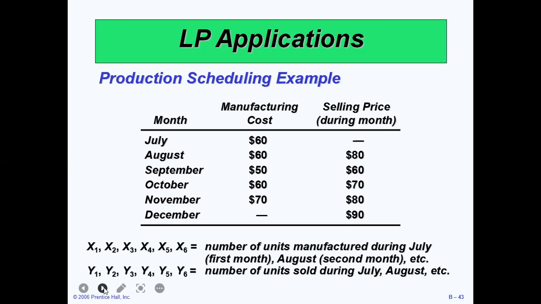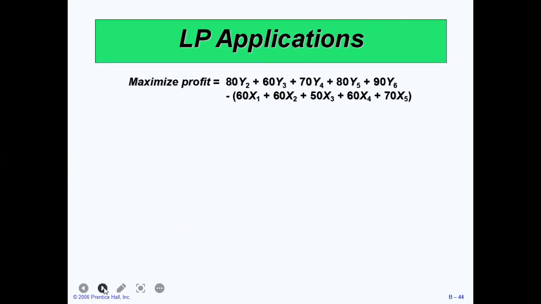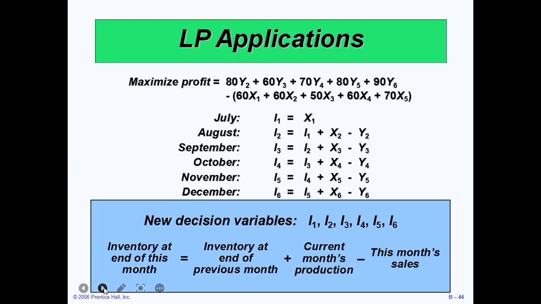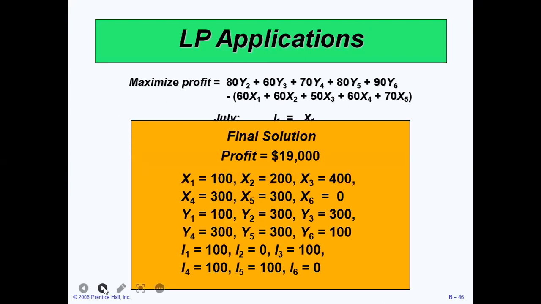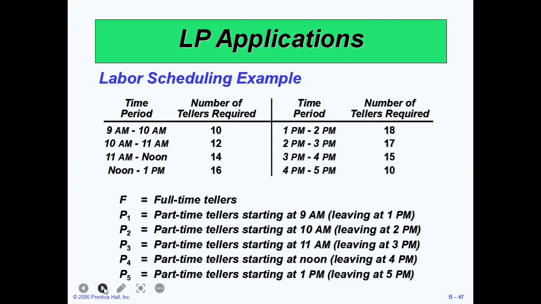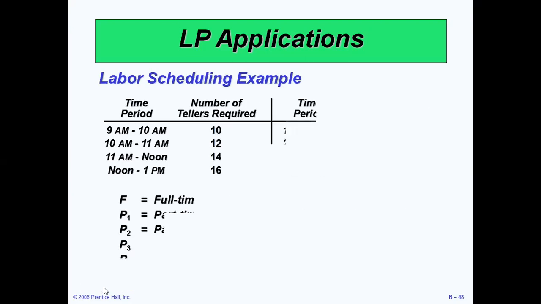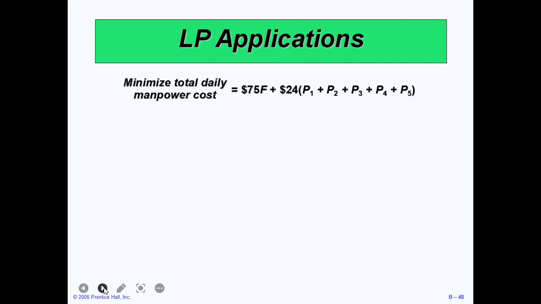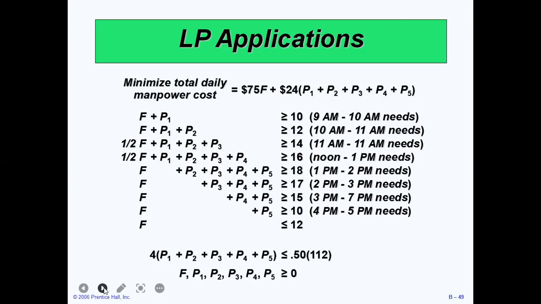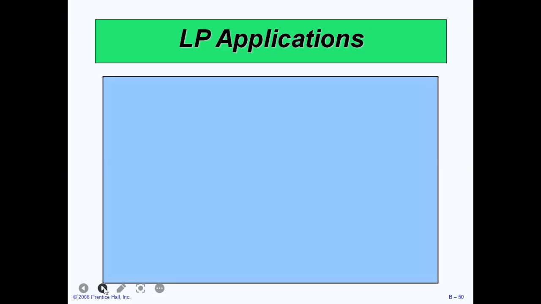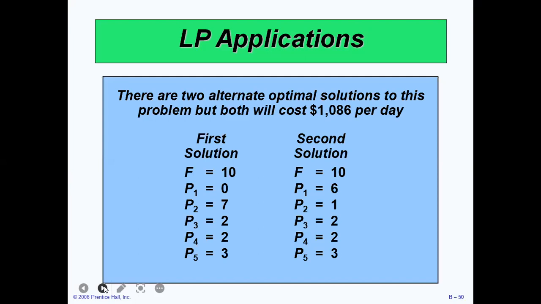Production scheduling example is maximizing profit. Okay, this is actually a real life application of linear programming problems. Labor scheduling example. So first solution, second solution, there are 2 alternative solutions.